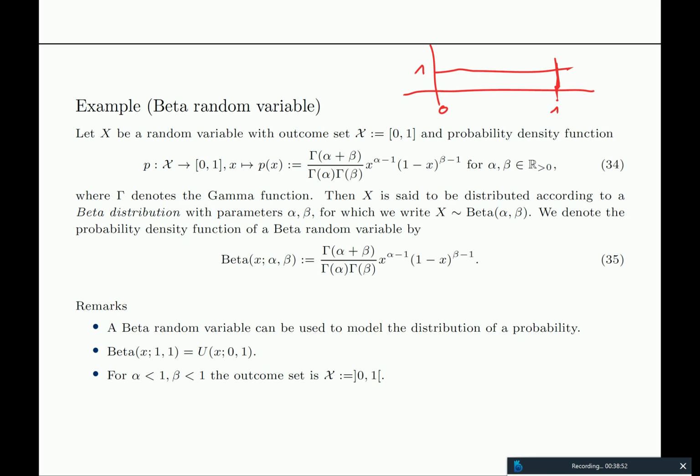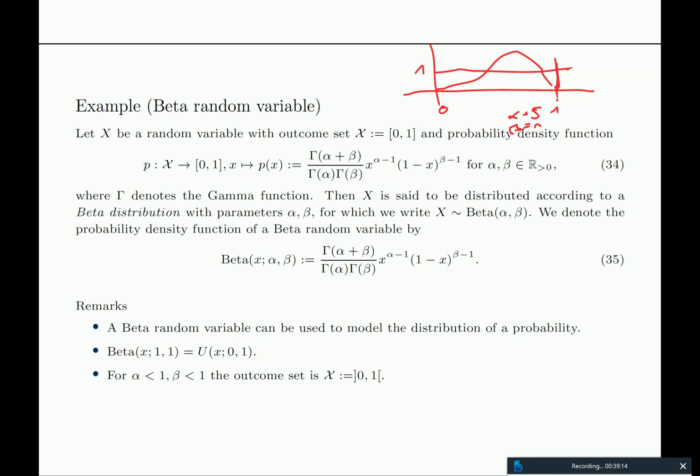If you have, for example, alpha equals 5 and beta equals 1, you get a distribution that is constrained to the interval 0 to 1, so it's not a Gaussian, but it assigns more probability mass to one side.